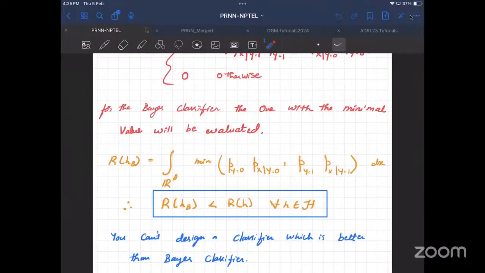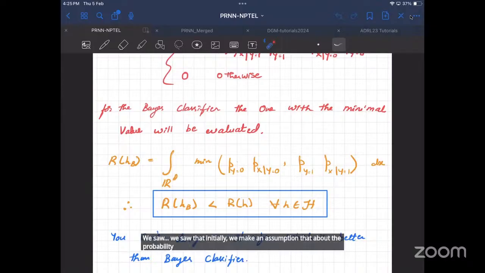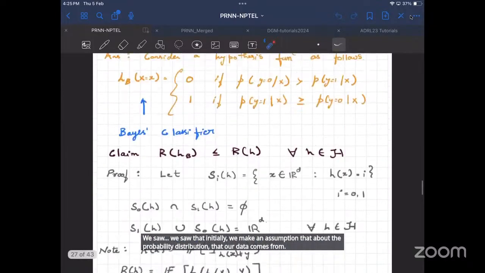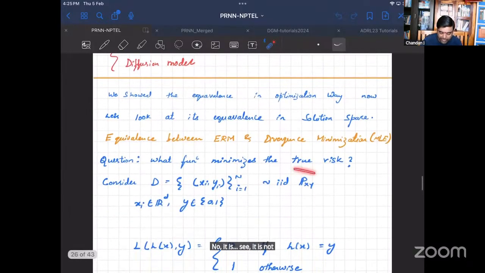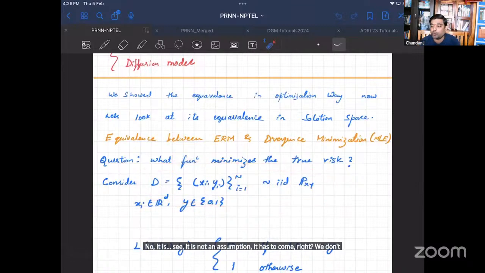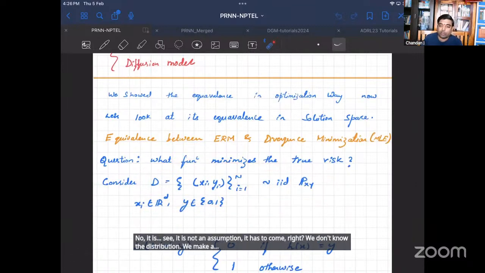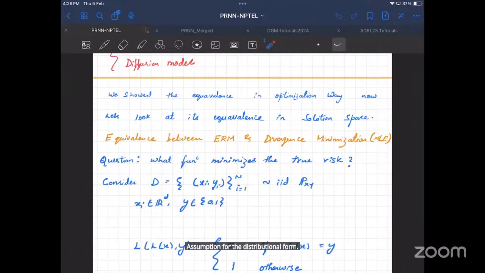I have a curious question, sir. We saw that initially we make an assumption about the probability distribution that our data comes from. For example, in this case, we made an assumption. No, it is not an assumption. We don't know the distribution. We make an assumption for the distributional form. No, I'm not talking about this.